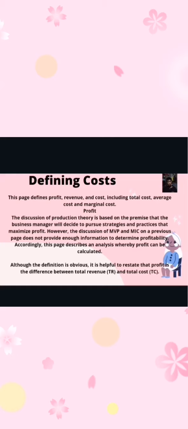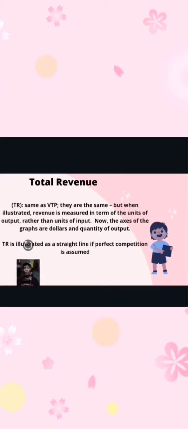The definitions are obvious. It is helpful to restate that profit is the difference between total revenue, or TR, and total cost, or TC.